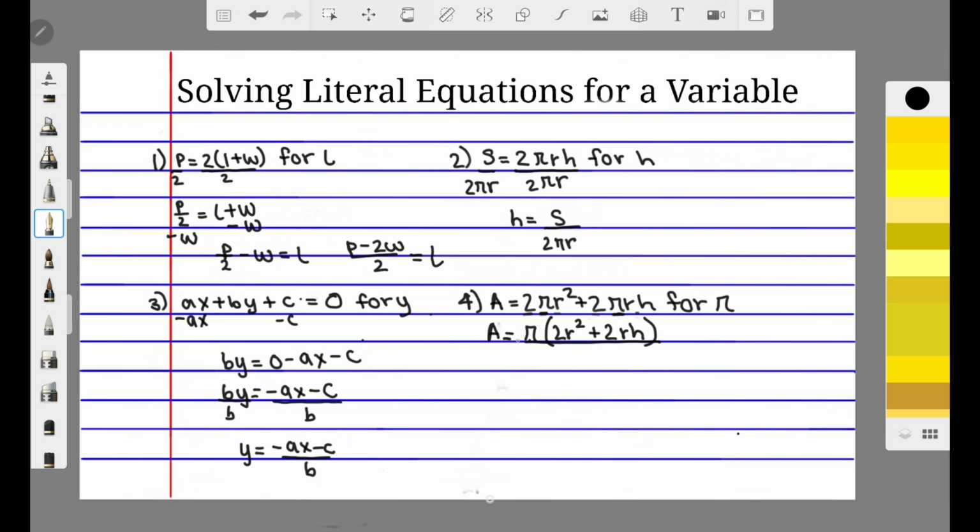Now, if we were to multiply this, we can see that it'll come back out to these same terms. Now we can just divide this whole thing. So area divided by 2r squared plus 2rh is going to give you pi.